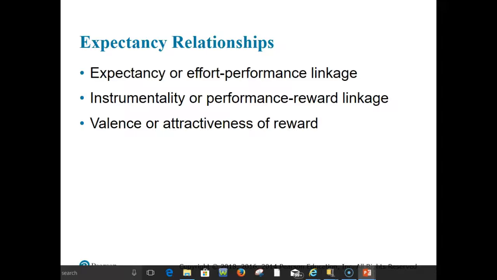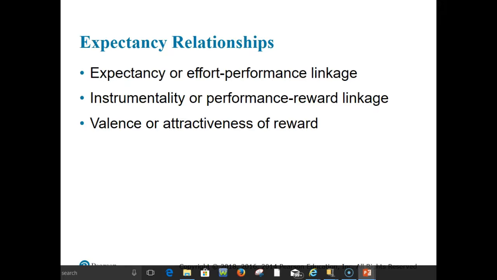Instrumentality, or the performance-reward linkage, is the degree to which the individual believes that performing at a particular level is instrumental in attaining the desired outcome.